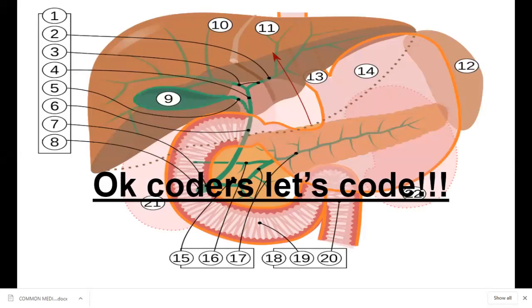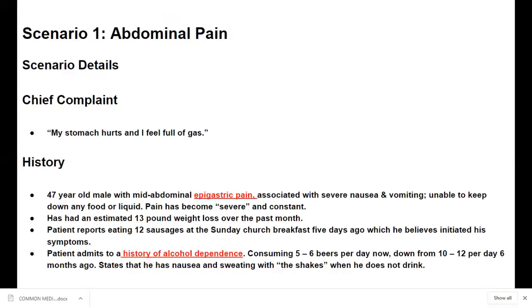Okay, coders, let's code. Here's our scenario. Abdominal pain. Chief complaint: my stomach hurts and I feel full of gas. Here's our history: 47-year-old male with mid-abdominal epigastric pain. You see that's in red, so we're going to need to remember that.